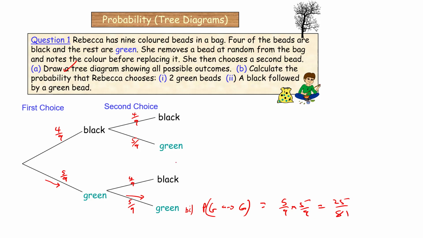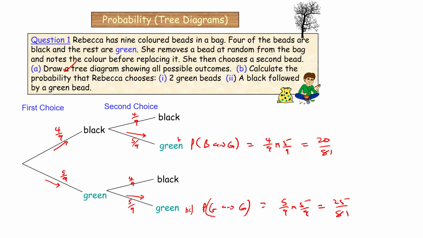And then in B II, black, then a green bead. So we're going black bead first and then a green bead. So it's going to be the probability of black and green. It's going to be equal to 4 out of 9 times 5 out of 9, which is equal to 20 out of 81.